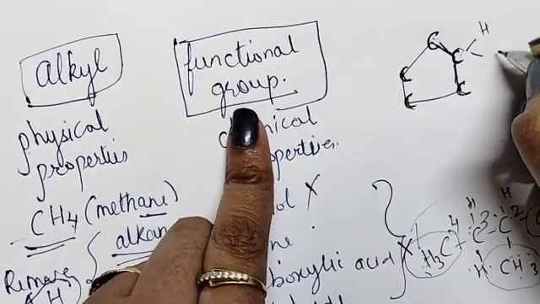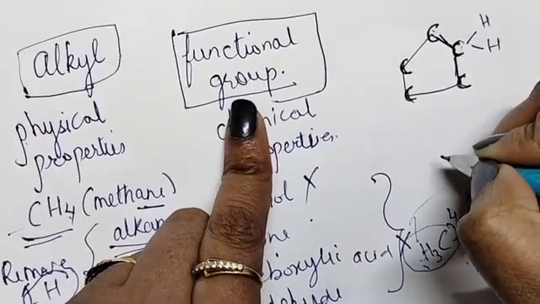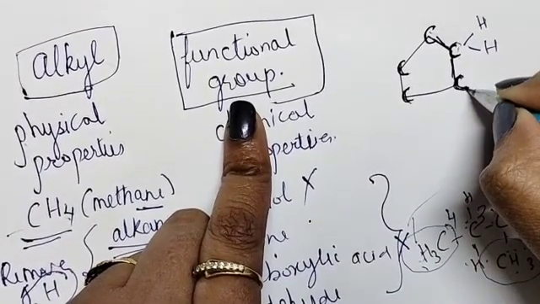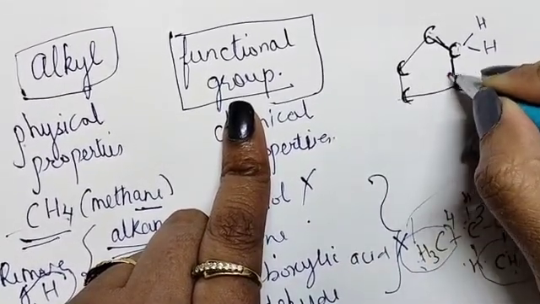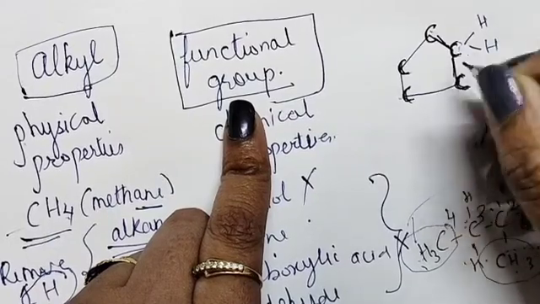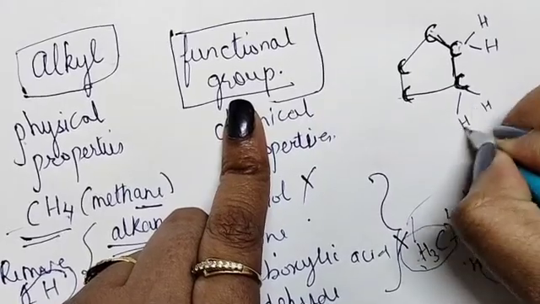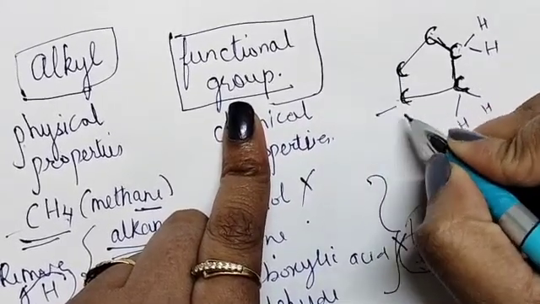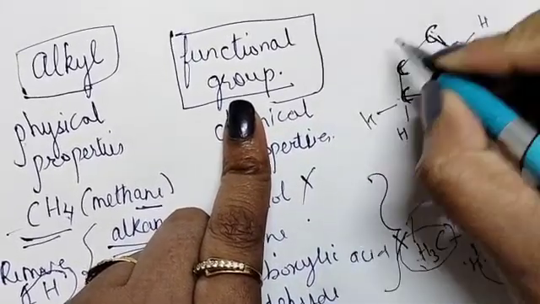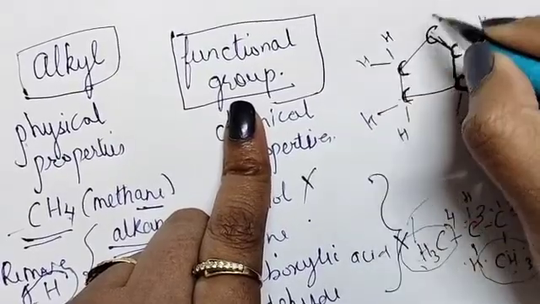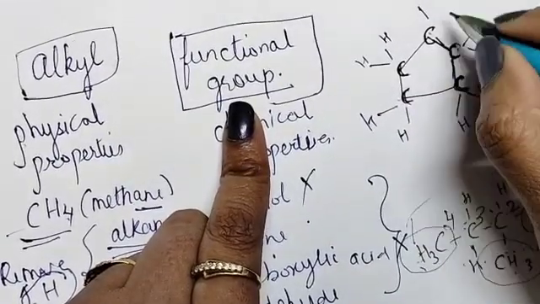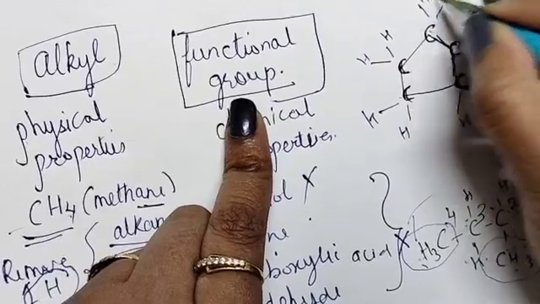More 2, and it will be balanced by 2 hydrogen. Similarly for this carbon, 1 on this side, 1 on the top, 2 bonds already gone, more 2 left, and that will be balanced by hydrogen. Like that, it will be similar for all of them.